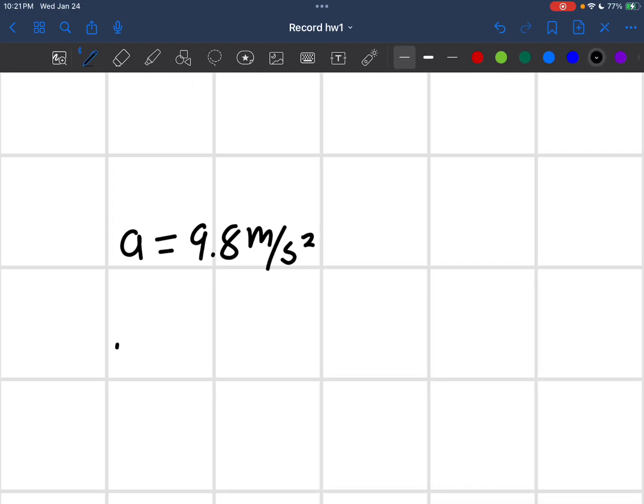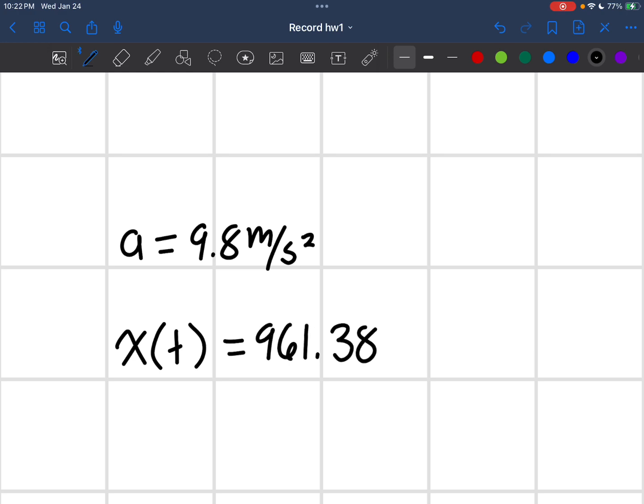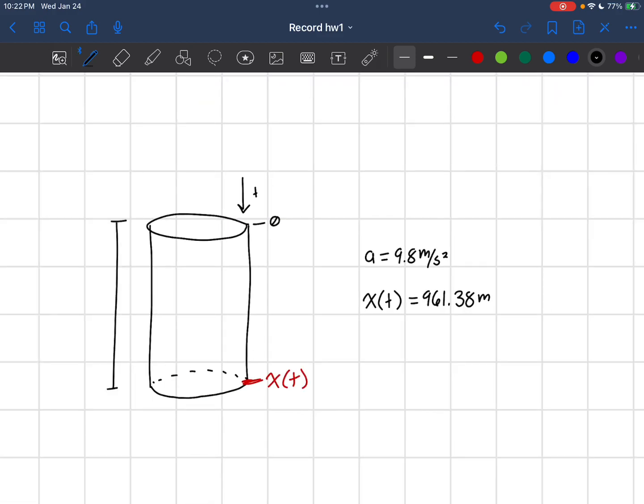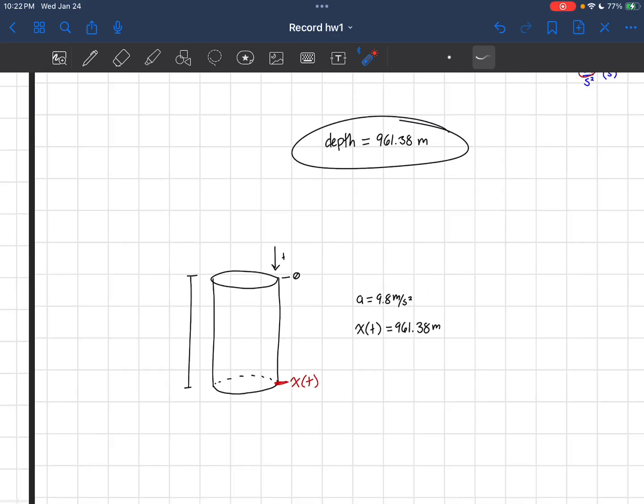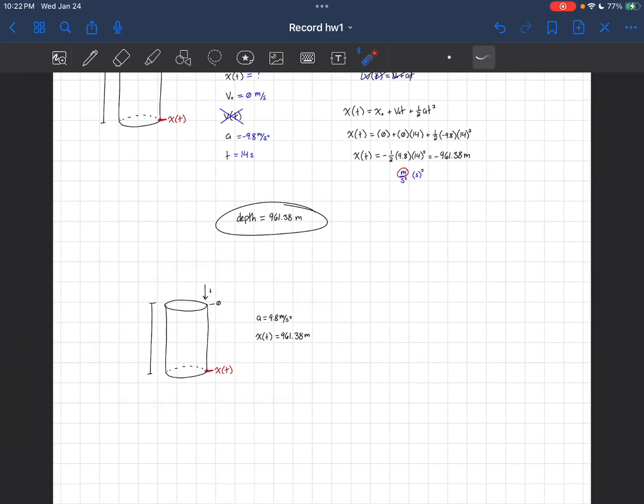So my final position, x of t, would have ended up being that positive 961.38 meters, and that would have just given us outright the depth of the well, because I now say down is positive, and since my x of t is down from 0, it's a positive number now, and that makes sense. So again, any coordinate system I chose would have worked.